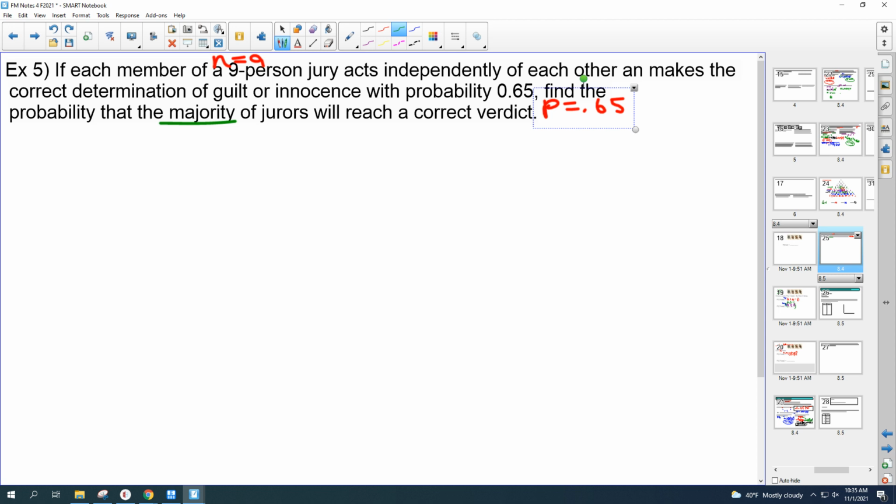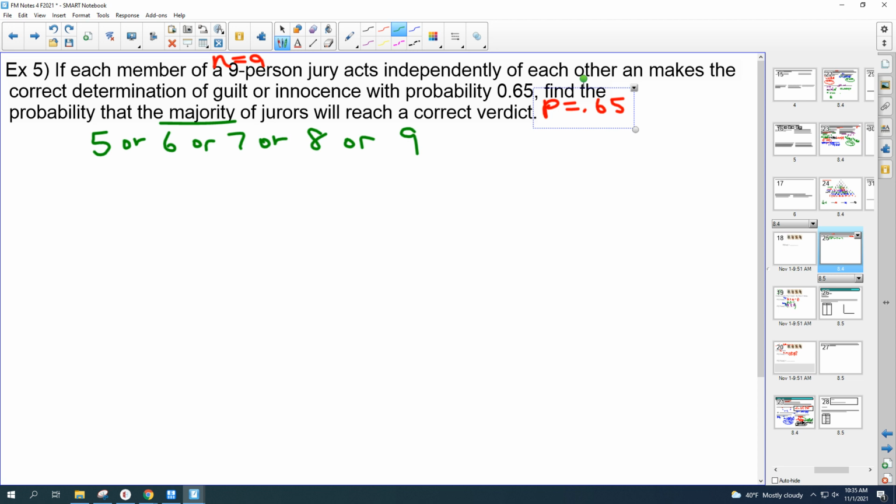When they say majority, what do they mean? 5 or 6 or 7 or 8 or 9. So we have to add all these things up.